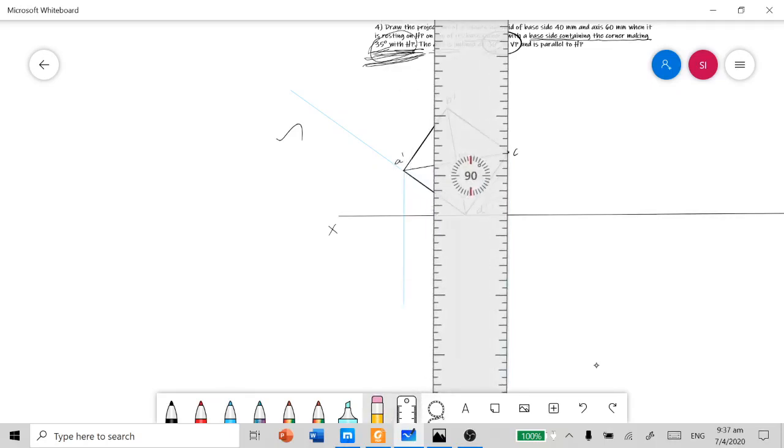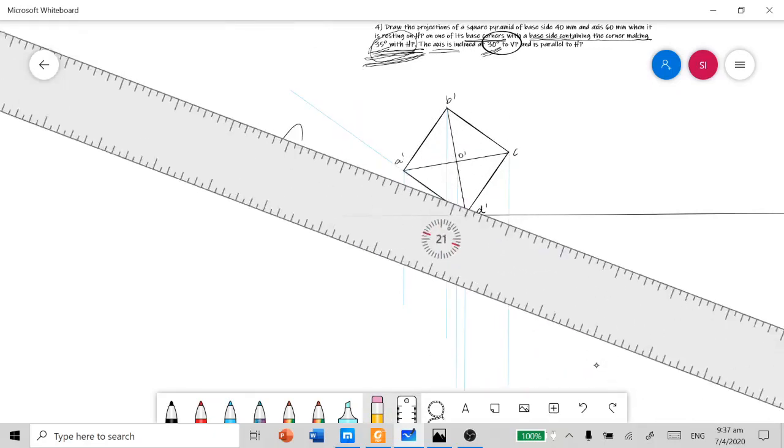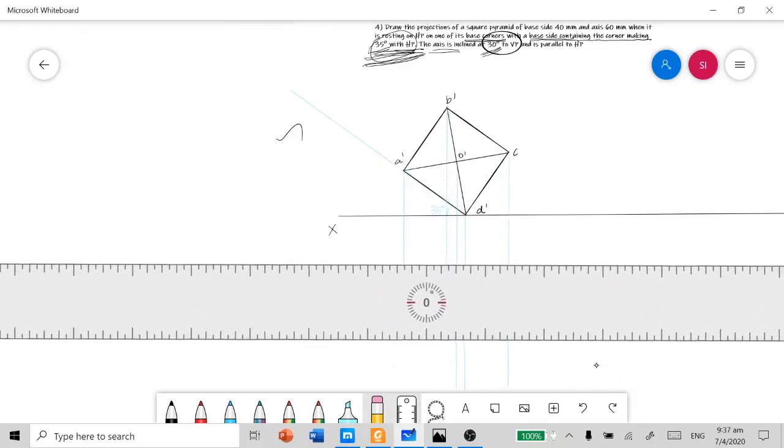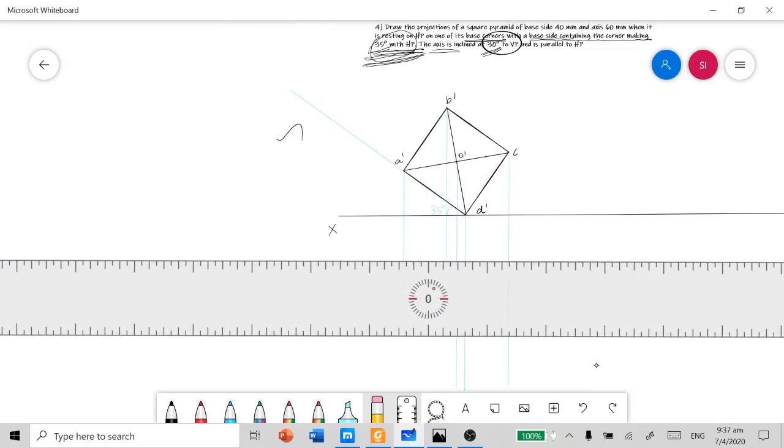And let me draw the lateral view of the solid. The axis height given here is 60 mm.